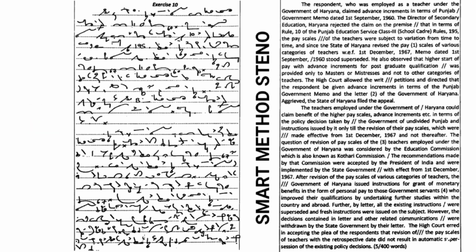the pay scales of the teachers were subject to variation from time to time, and since the state of Haryana revised the pay scales of various categories of teachers with effect from 1st December 1967, memo dated 1st September 1960 stood superseded.